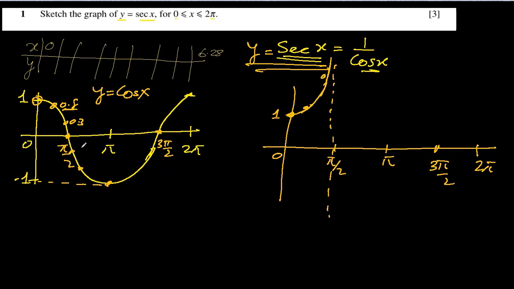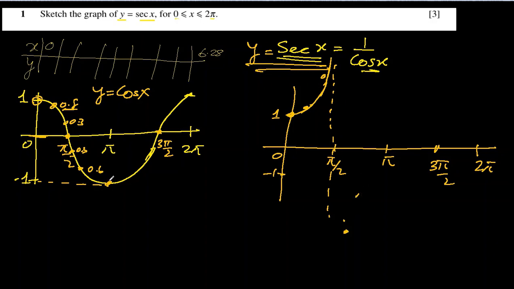Let's say this is 0.3 again, but negative because it is below 0, right? So negative 3.3. So let's say this is negative 1. So 3.3 will be somewhere below this, right? Okay. Now next, let's say this is 0.6. So the reciprocal of 0.6 will be 1.6, somewhere there.